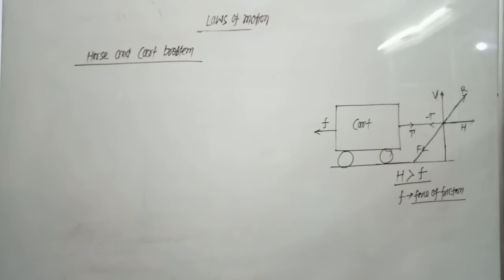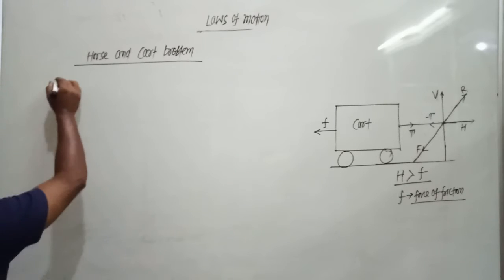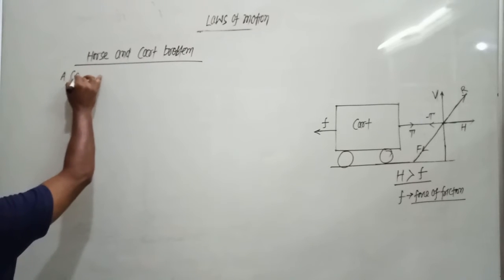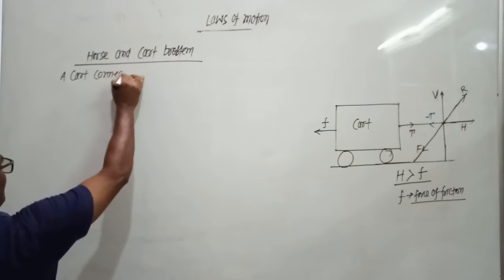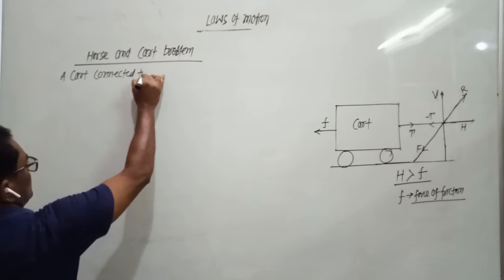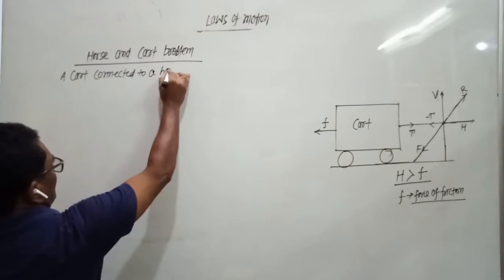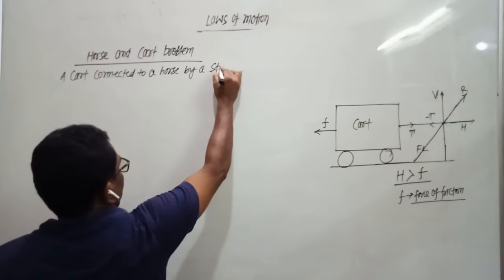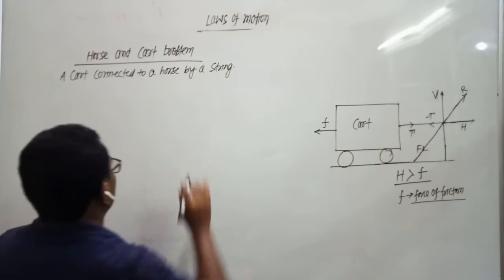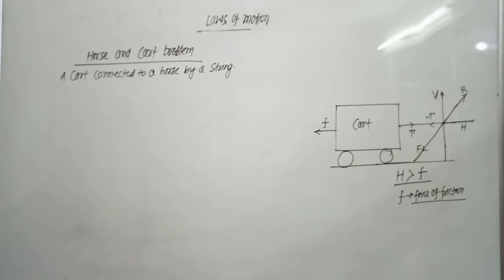So, a cart is connected to a horse by a string, and the horse produces tension T in the string in the forward direction.